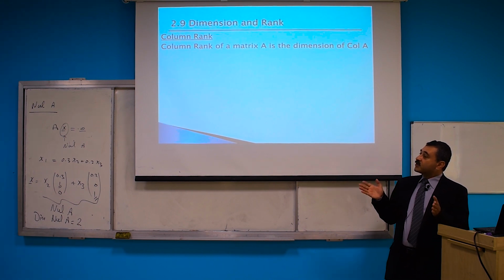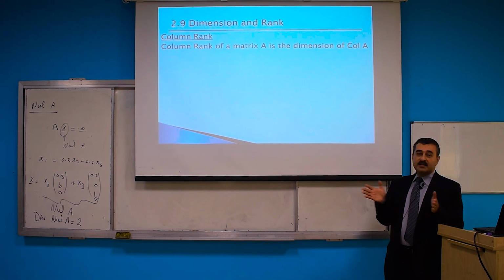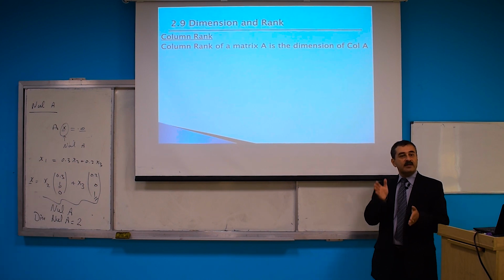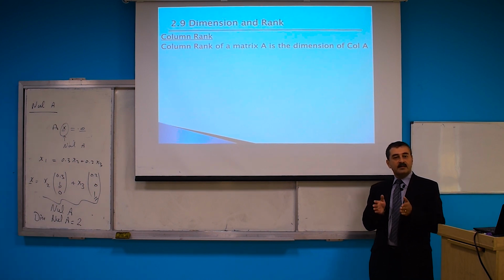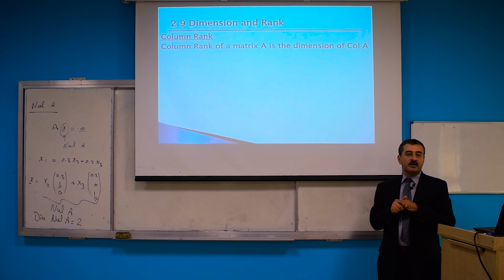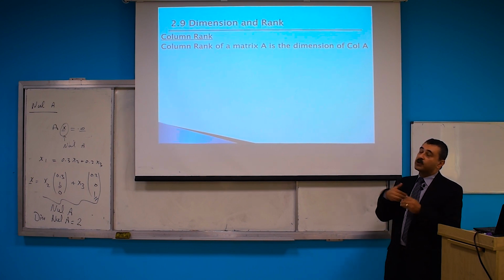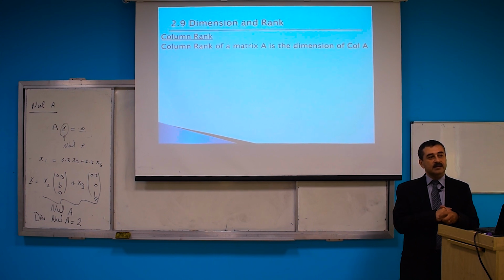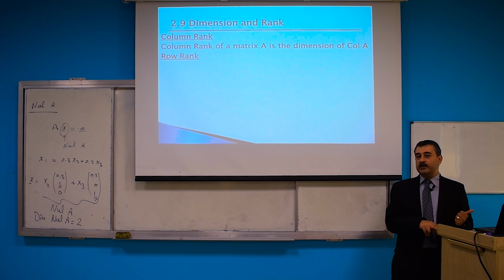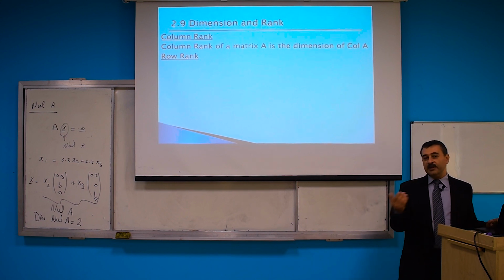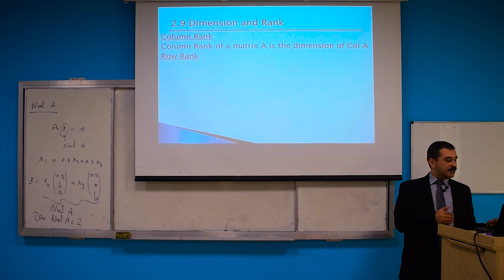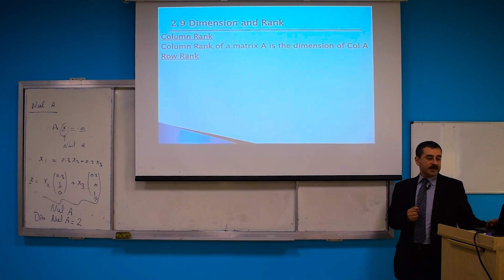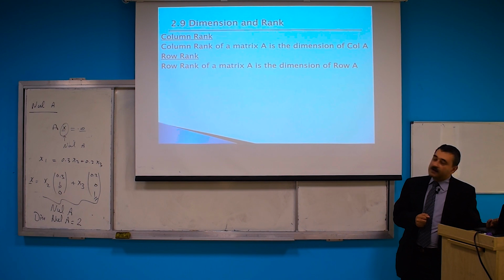You take this space, find a basis for it, and count the vectors in this basis to get the dimension of the column space, and we call it the column rank of the matrix. Another definition is the row rank, which is the dimension of the row space of the matrix.